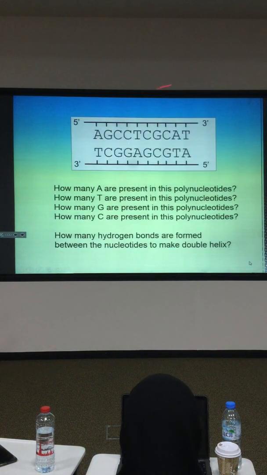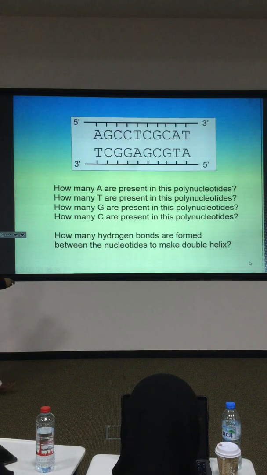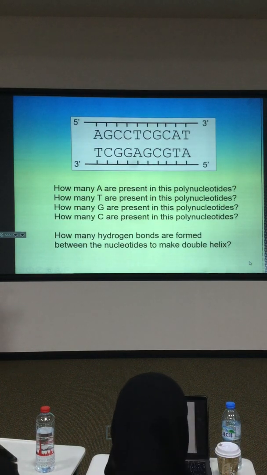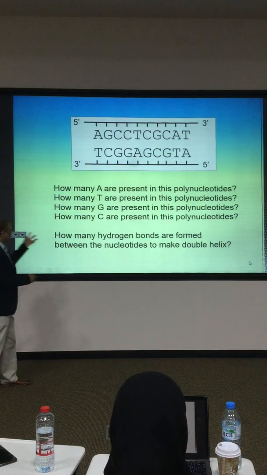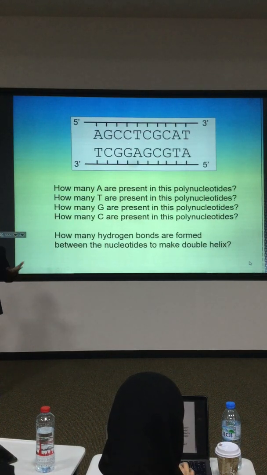Now, from this double helical structure, if I ask how many A are present in this polynucleotide? 4. So you have to consider both strands. How many T? This is equal, right? And those are very simple things, right? How many G, how many C? And if I ask how many hydrogen bonds, so you have to calculate, right?